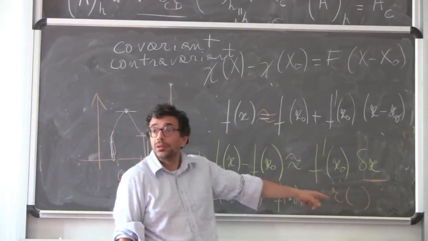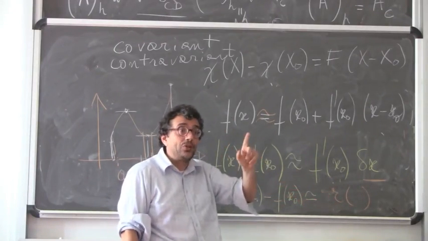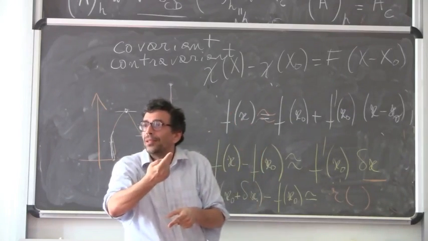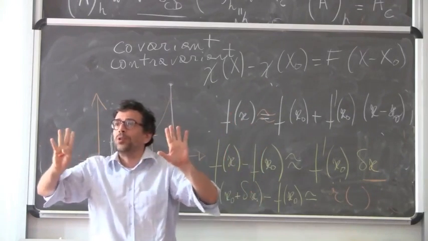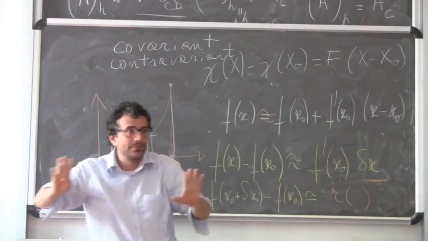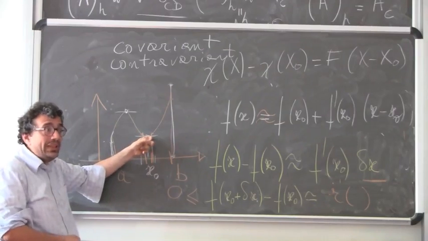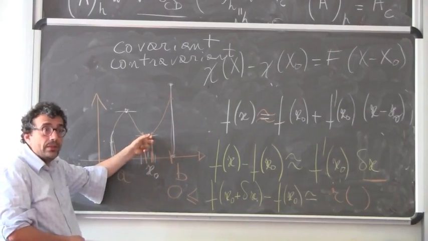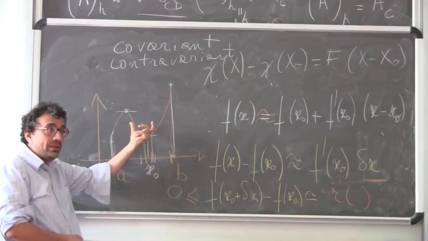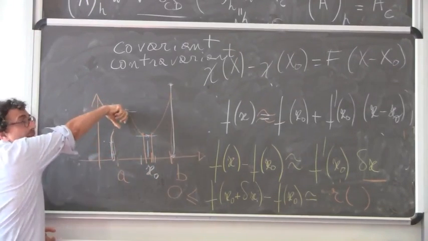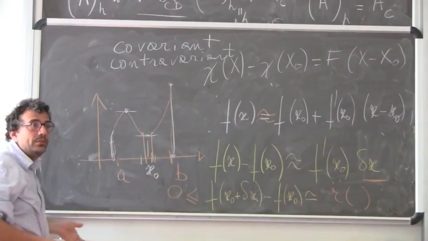There was (x minus x0) squared, which always has a beautiful positive sign. So, if the second derivative is positive, you have a minimum. And if the second derivative is negative, you have a maximum.